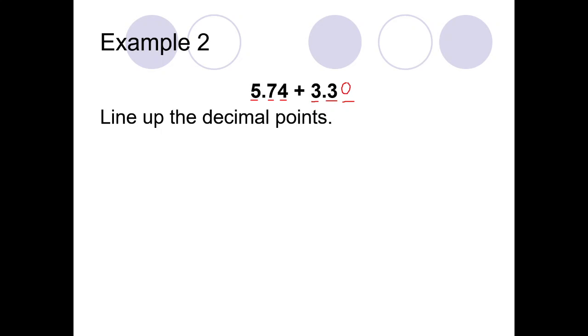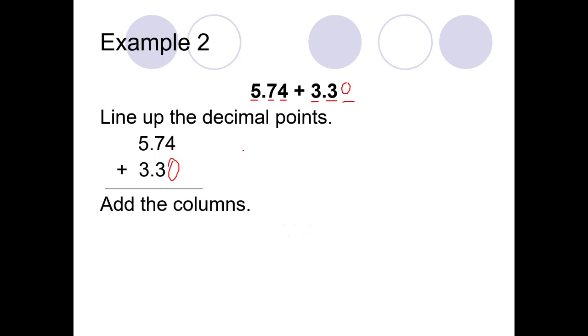We've got 0. So that can help you visualize the numbers. Okay? So now we line them up by the decimal point. So we put the ones together, the decimal points together, the tenths, and the hundredths. So there are no hundredths here. We can put a 0 to help us remember that.